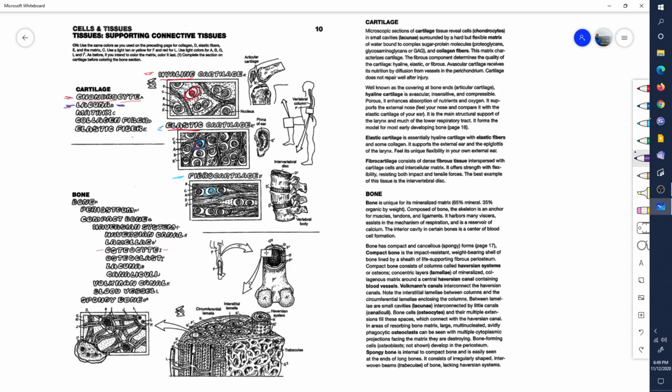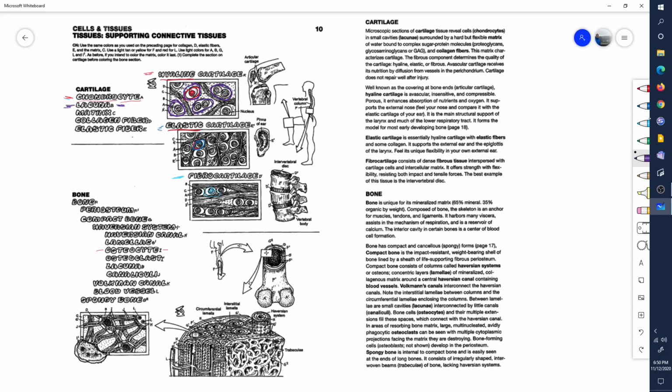So this is the cell here, but the lacuna is out here. The lacuna is sort of an outer shell that the chondrocyte rests in. So there's a lacuna and the cell rests inside. Looks like two chondrocytes inside a lacuna here and here.